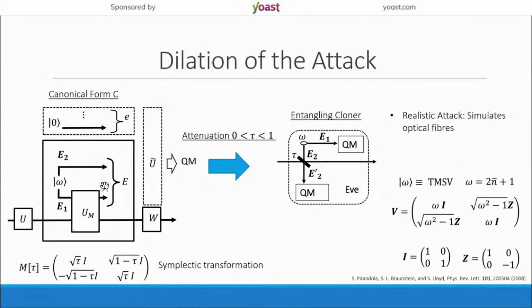This allows us to simplify the interaction to this picture, and further simplify it into the entangling cloner attack, where basically Eve has two modes where she induces thermal noise omega, and one mode is interacting with the traveling mode through a beam splitter. This can simulate basically the optical fibers. This is the current technology we use to communicate.